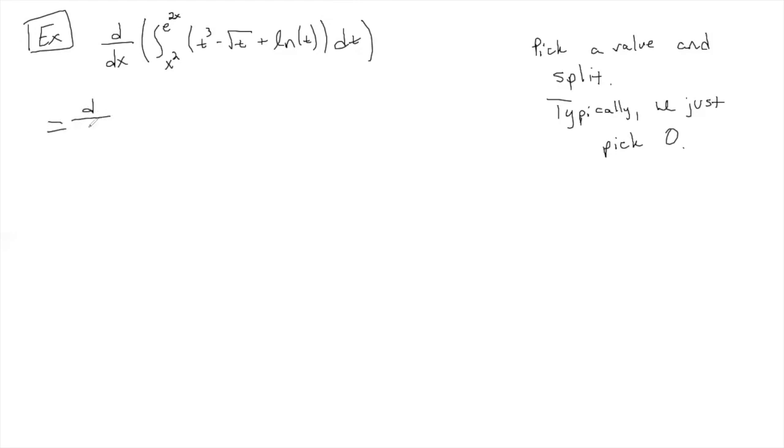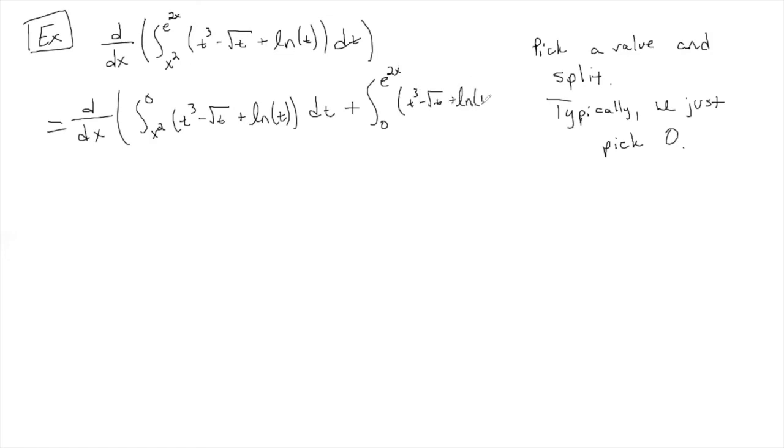So how I'm going to rewrite this is I'm going to split this integral into the integral from x squared to 0 of this same thing, plus the integral from 0 to the upper bound, e to the 2x, of this thing. And big parentheses there. So in general, I would say just pick 0.